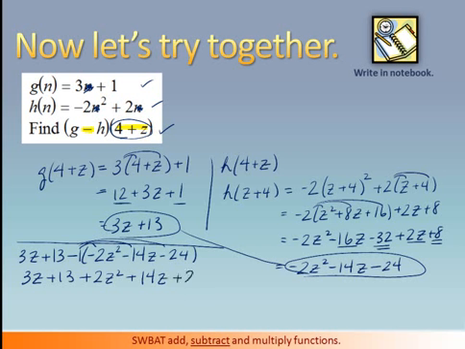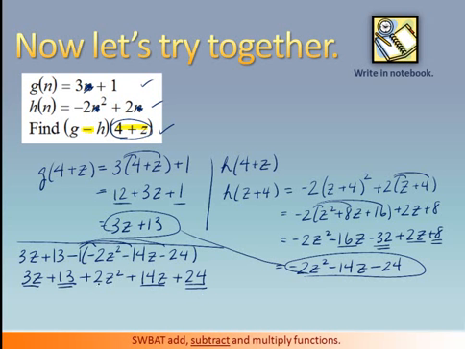And plus 24. Okay, and then you go about looking for like terms. 3z, 14z, those are like terms. 13 and 24 are like terms.